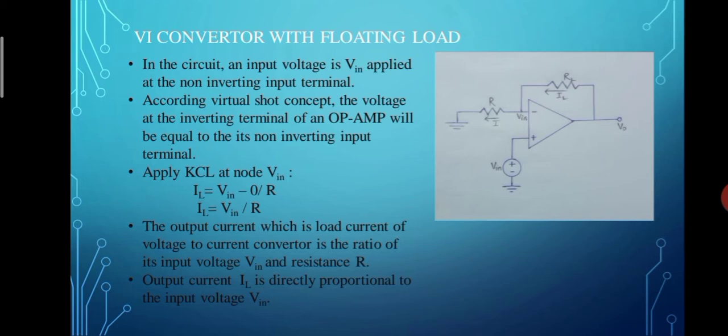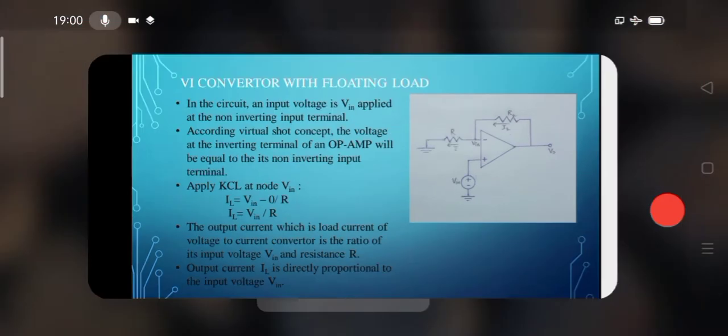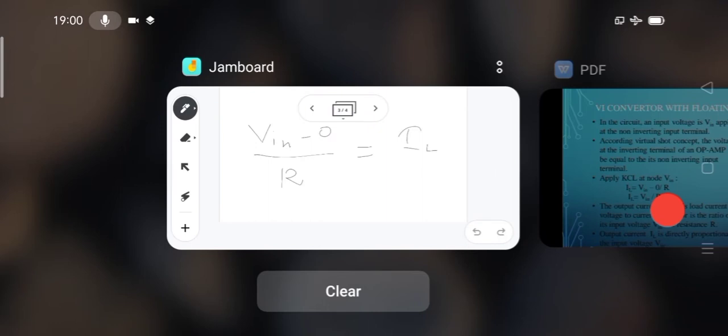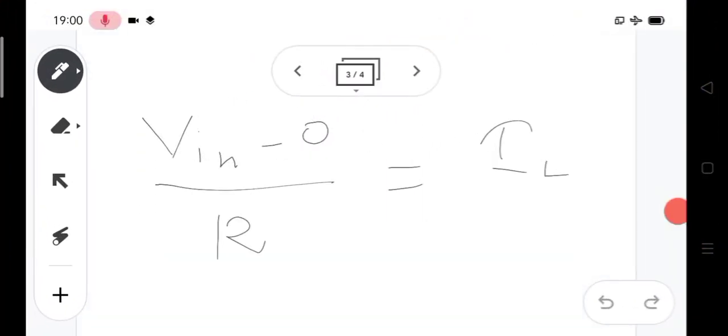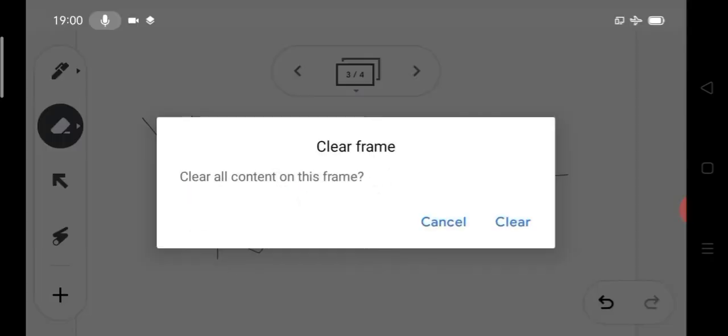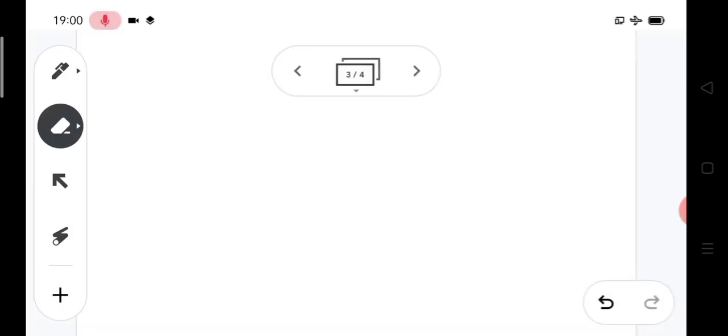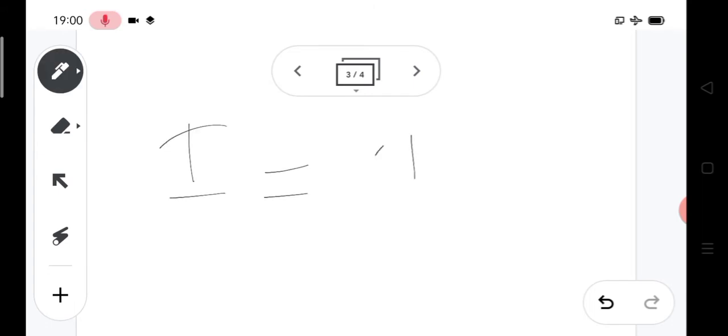According to the virtual short concept, the voltage at the inverting terminal is equal to the voltage at the non-inverting terminal. So, apply KCL at the node VIN. I is equal to IL.